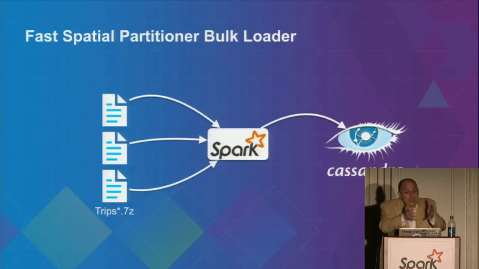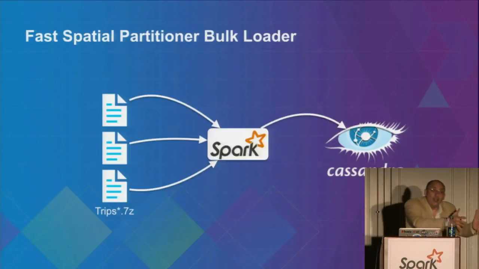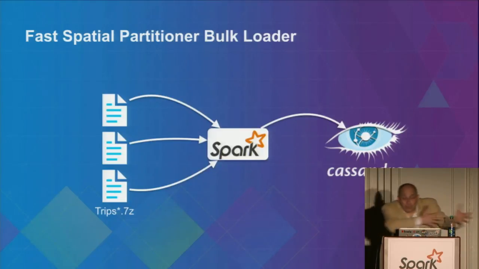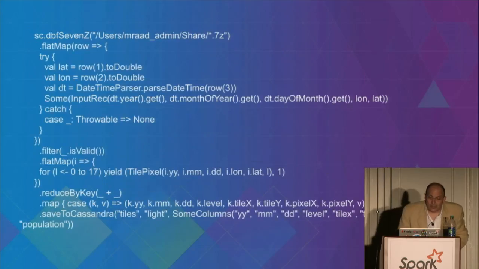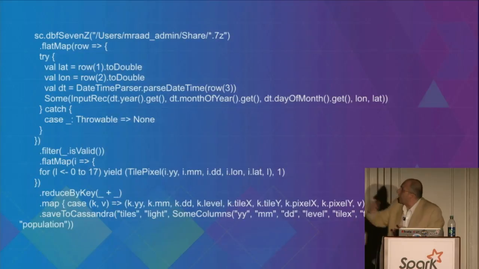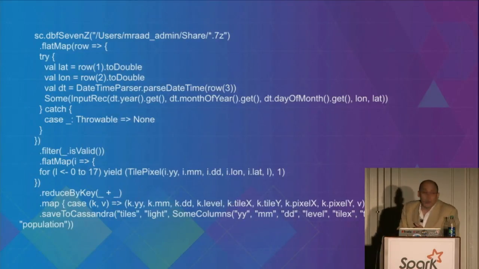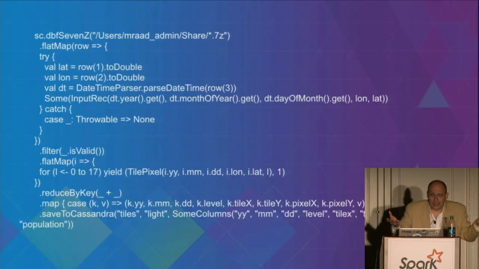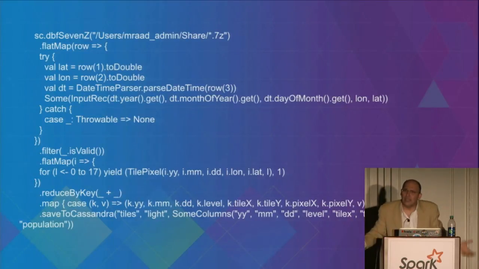And then I use Spark to take all this data and put it all in Cassandra at once. For the geeks in the room, the data that I originally had was in 7Z format. So I had to write the 7Z input format, which was fairly easy to write as an RDD, because it never existed. I really looked around for that, and LZMA did not exist.